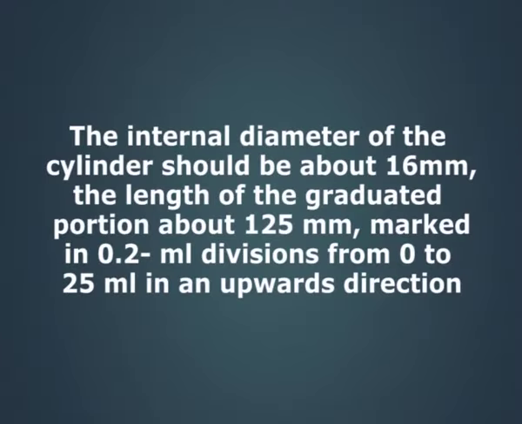The internal diameter of the cylinder should be about 16 millimeters, the length of the graduated portion about 125 millimeters, marked in 0.2 ml divisions from 0 to 25 ml in an upward direction.